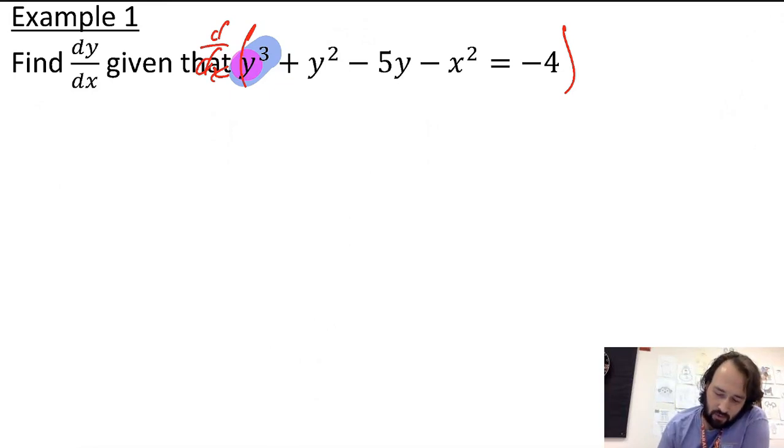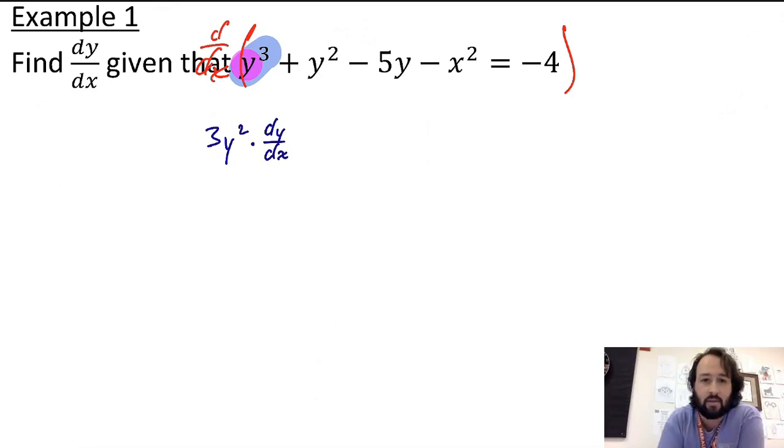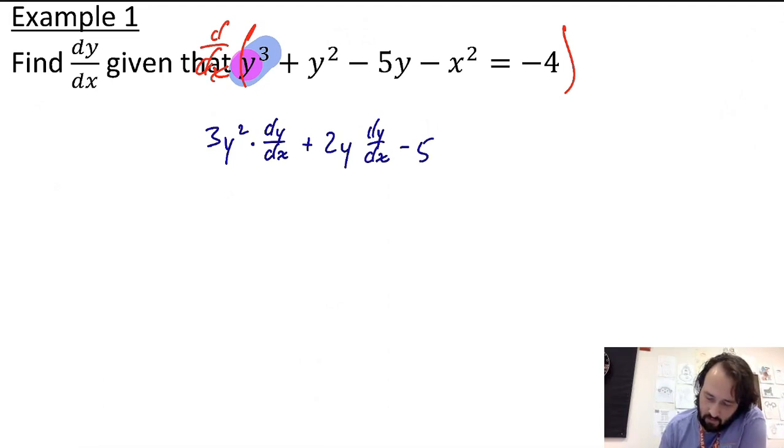So the derivative with respect to x of y cubed is 3y squared times the derivative of the inside, which is dy dx, the derivative of y with respect to x. Plus, same thing with this other one, minus 5 times dy dx, minus 2x equals 0.